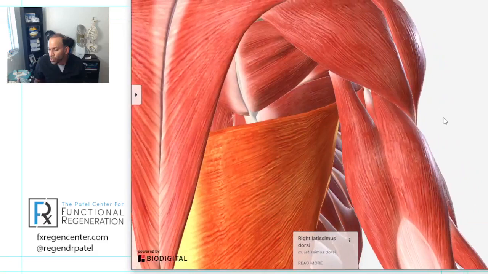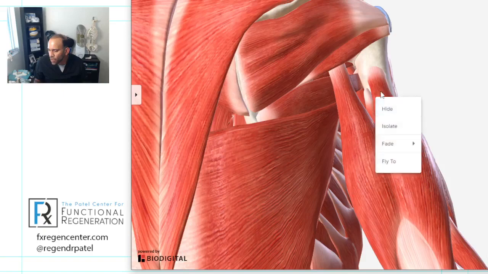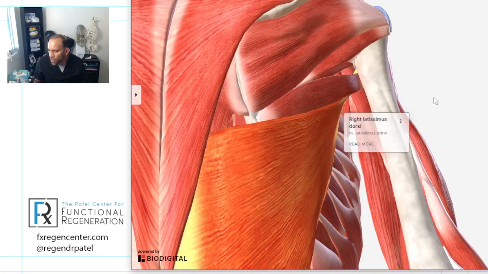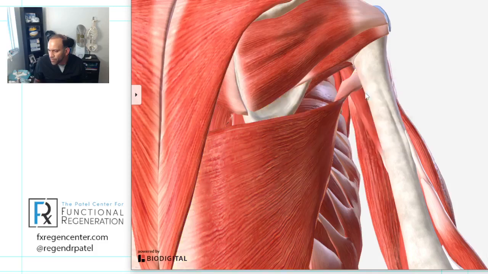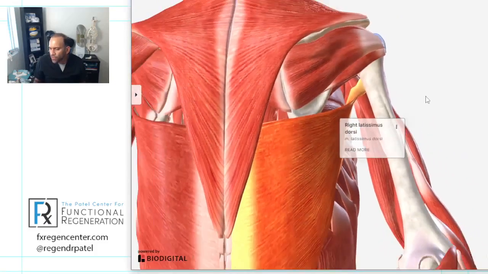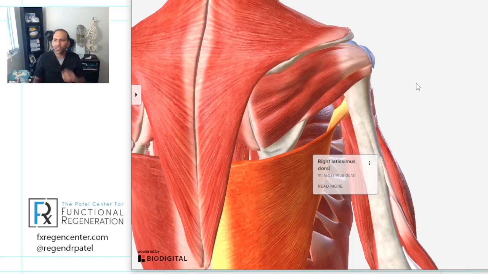Actually right below the shoulder, these muscles actually attach onto the humerus or the arm bone. So I'm going to get rid of these guys, and you can see where these guys attach here all the way up to this arm bone here. And these muscles, if you're familiar with any lat strengthening exercises, these muscles are actually in charge of anything that we're doing to pull down.